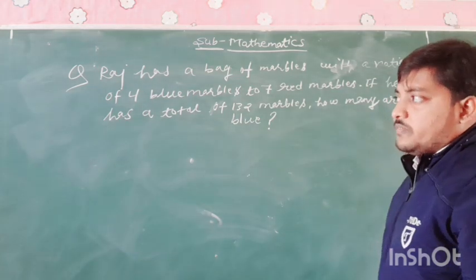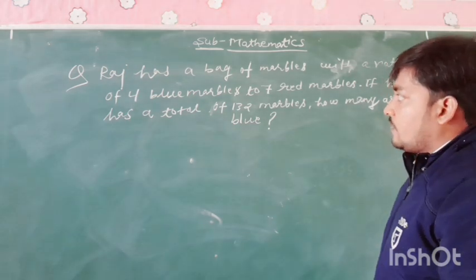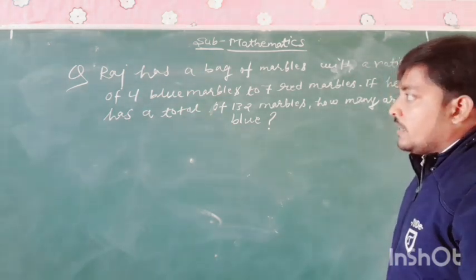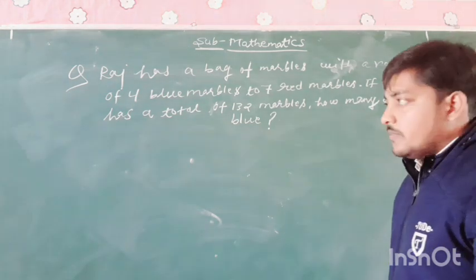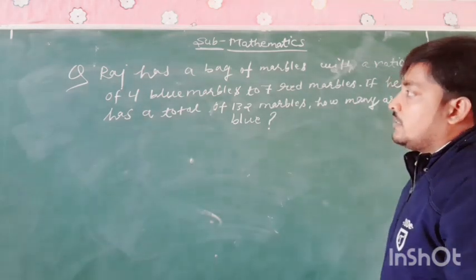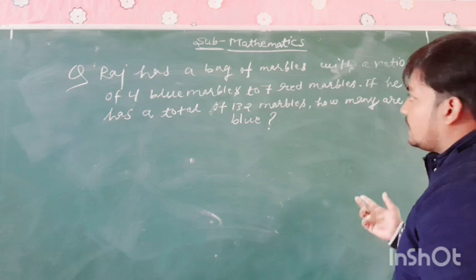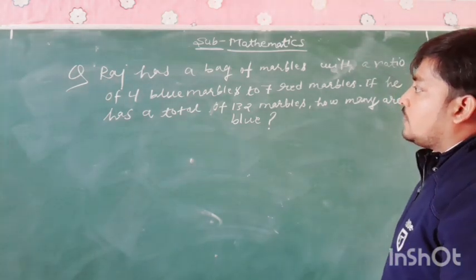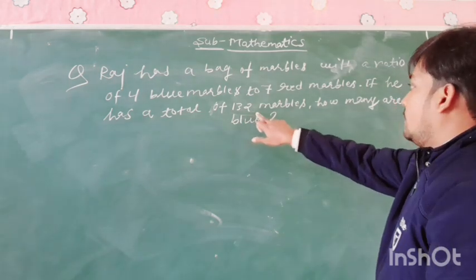In this problem, first we let the common ratio of both marbles be x, and the number of blue marbles is 4x after multiplication of the common ratio, and the number of red marbles is 7x, and the total marbles is equal to 132.